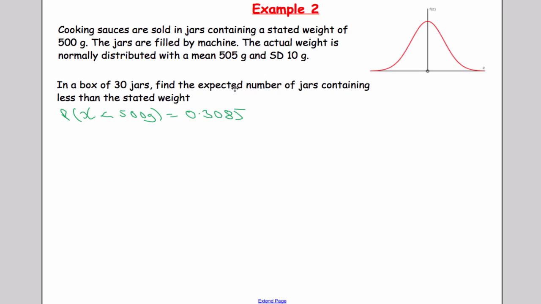And if I want to work out the expected number of times something happens, it's the probability that it happens multiplied by the number of trials.